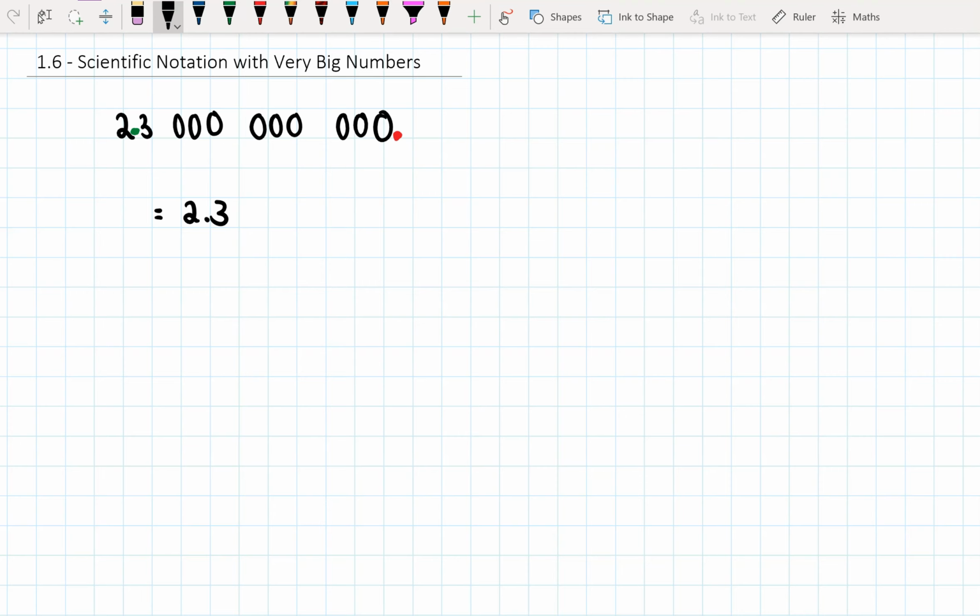Then we look at how far we moved that decimal point. You can just count the jumps. 1, 2, 3, 4, 5, 6, 7, 8, 9, 10. When we do scientific notation, it's always times 10 to the power of how many jumps we made. So we made 10 jumps here, so it's times 10 to the power of 10.